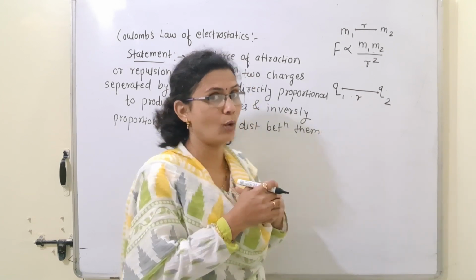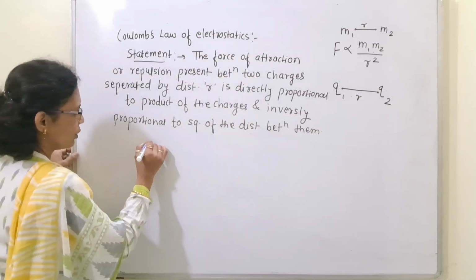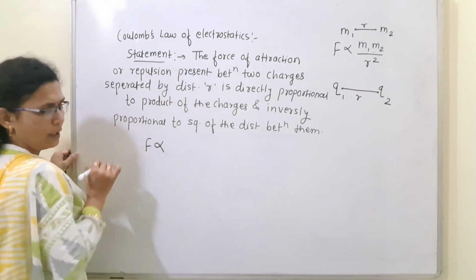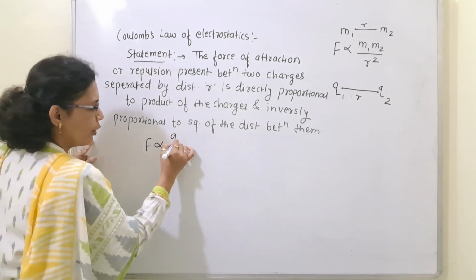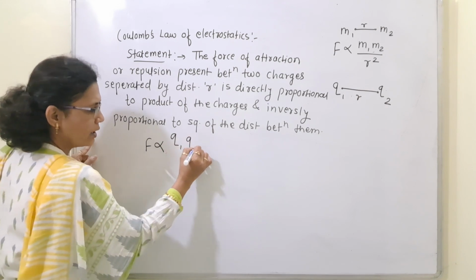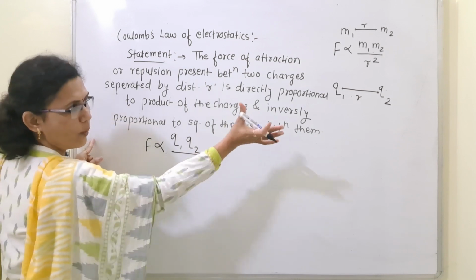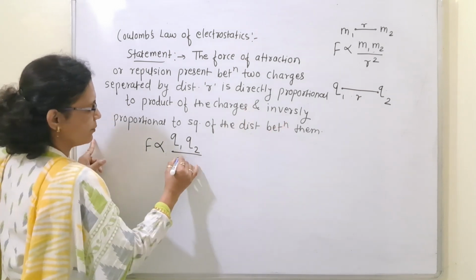Then mathematically, how can I write this law? F is directly proportional to the product of the charges, Q1 into Q2, and inversely proportional to the square of the distance r between them.